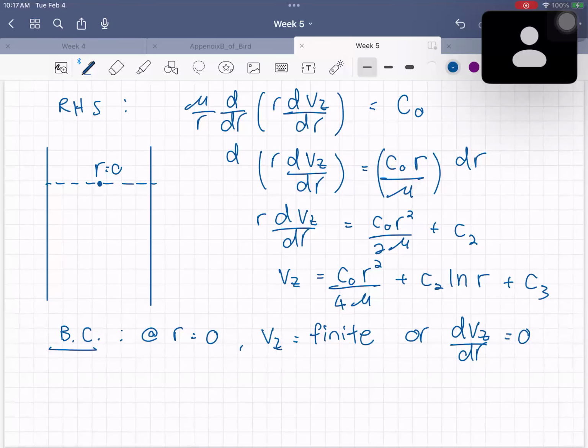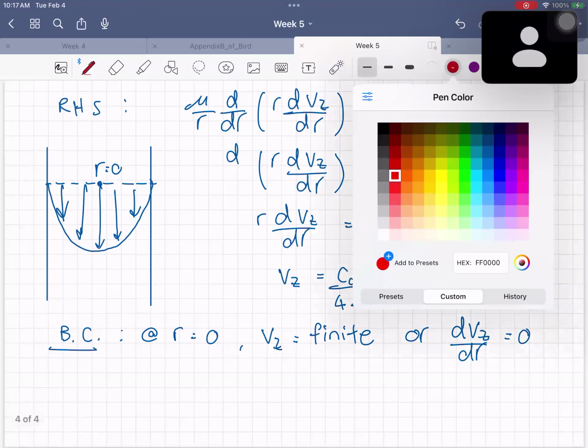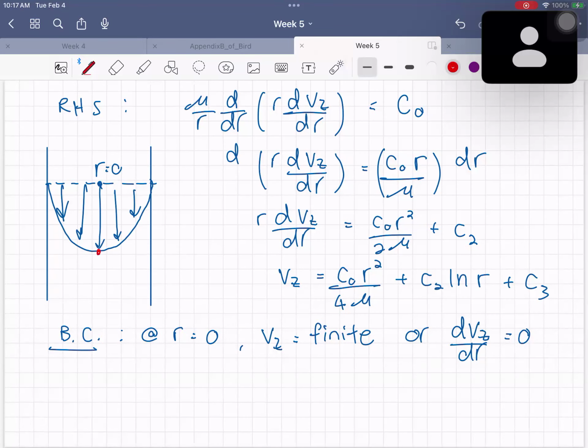So the velocity profile is supposed to look like this, right? Parabolic shape like this, right? So if you take a look at r equal to 0, which is right here, dVz/dr means a change of Vz in the r direction.